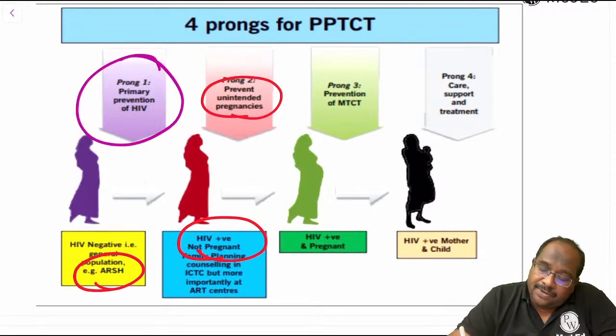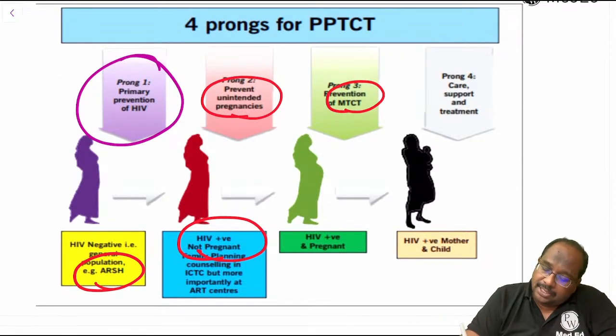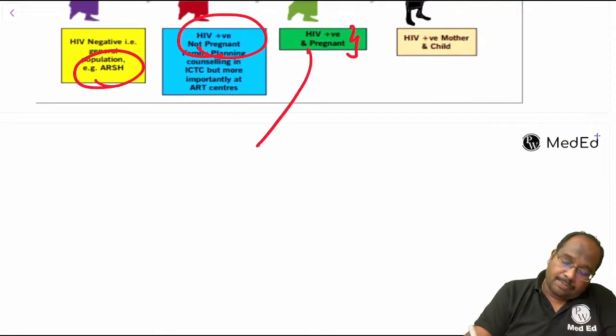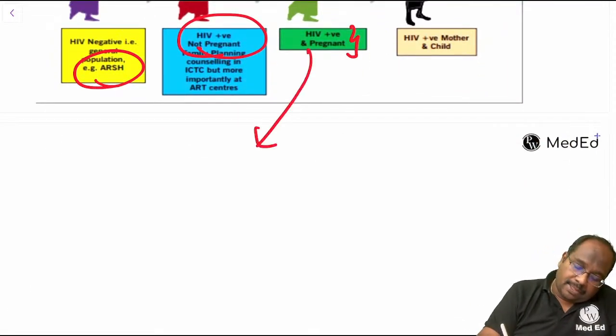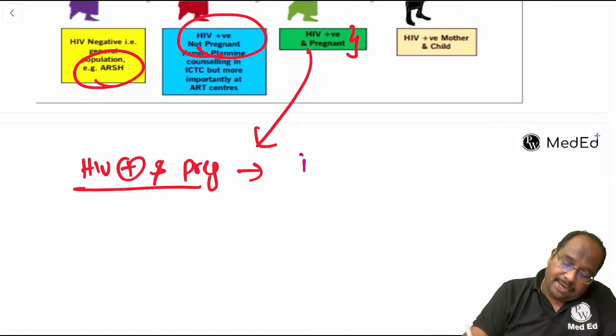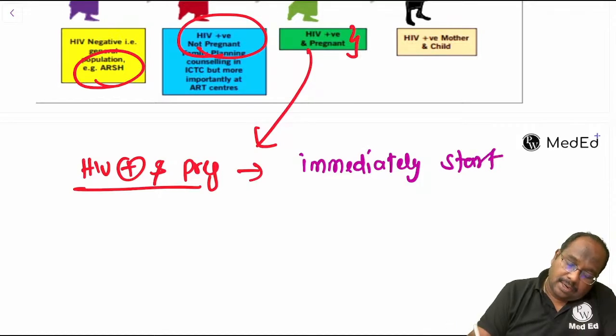Third step is prevention of mother to child transmission. If an HIV positive mother comes, what are you supposed to do? If the mother is HIV positive and pregnant, this program immediately starts lifelong ART.